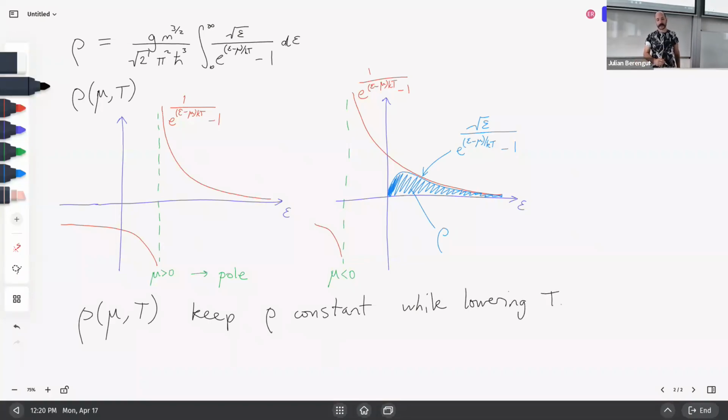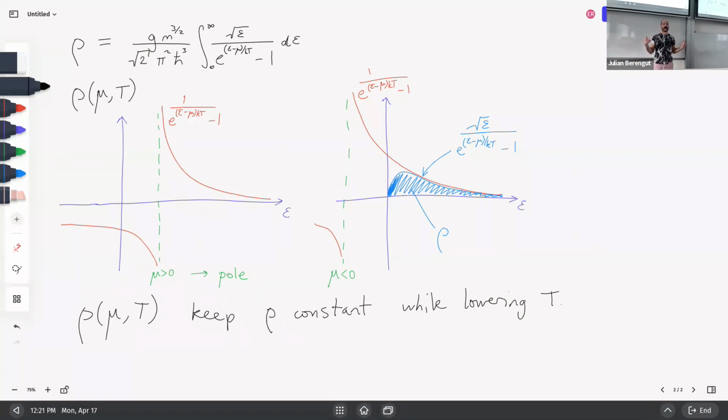If you want to do this in Mathematica or Maple or whatever you like, I recommend it. If you take this temperature and lower it, you're increasing the rate at which this exponential is getting large.